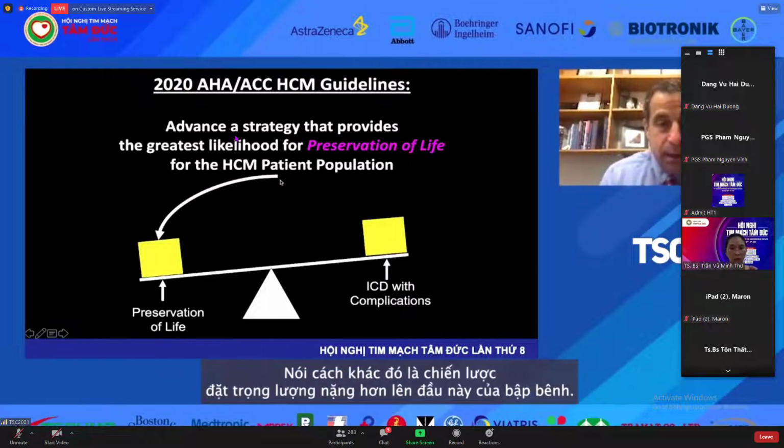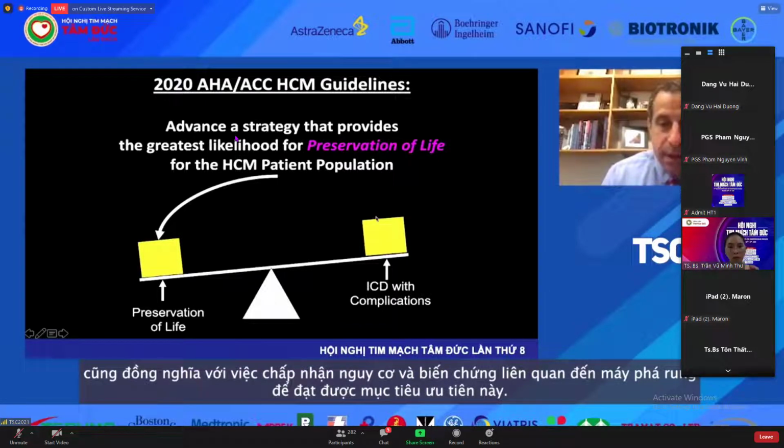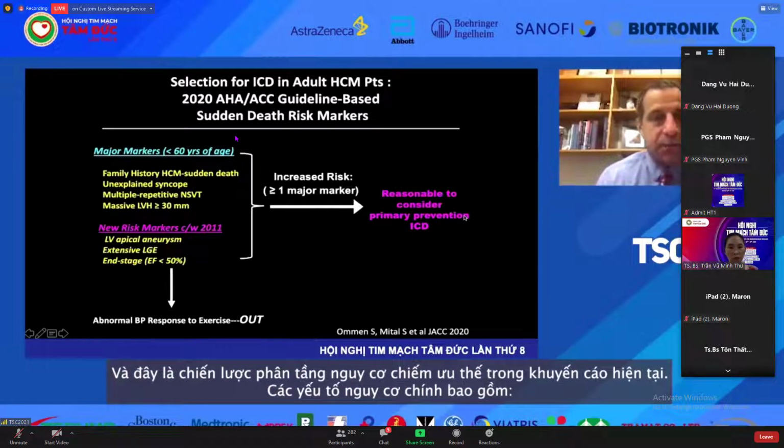In other words, a strategy that placed greatest weight on this end of the balance or seesaw. And again, by putting greatest emphasis on preservation of life, it accepted that there would be an increase in devices and potential complications on the other end to achieve this primary goal. This is the risk stratification strategy that was predominant in the recent guidelines.